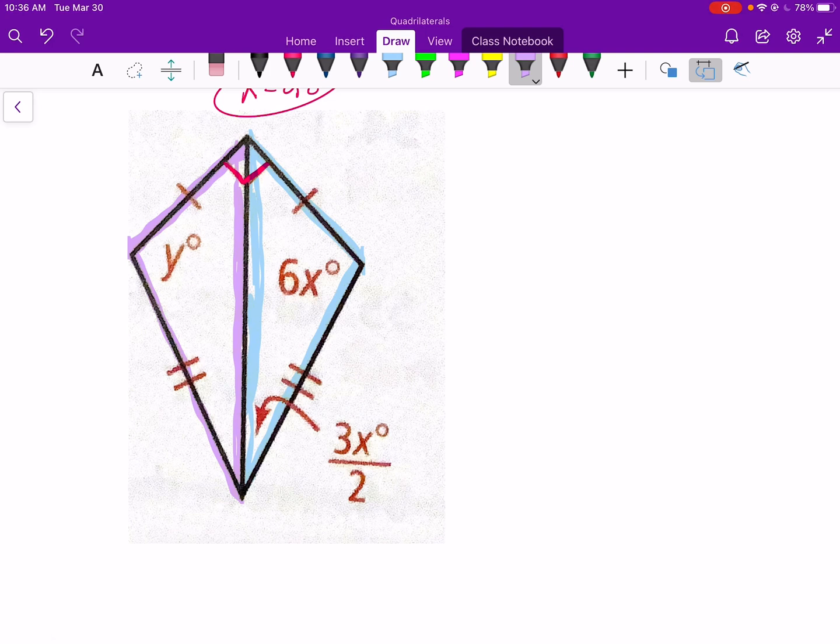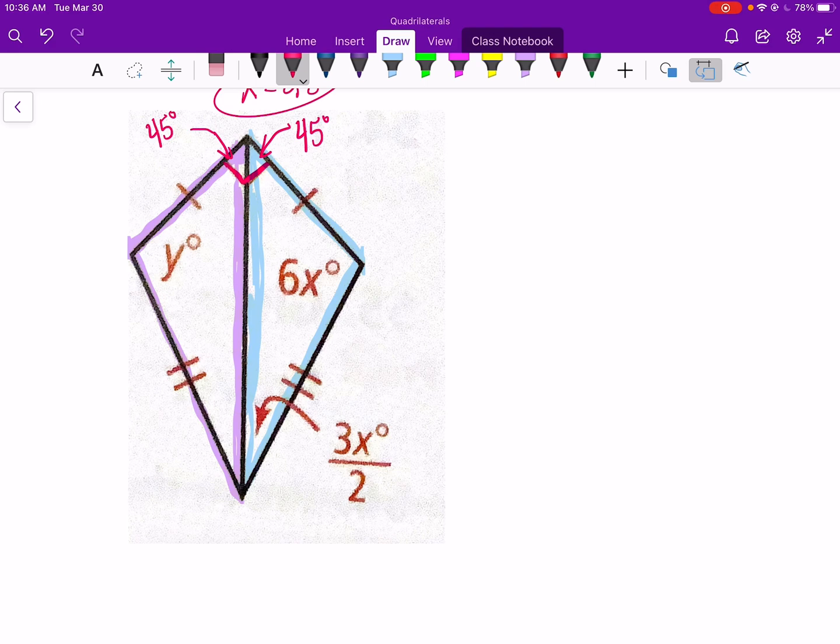So since the two angles at the top are congruent, and they add to 90, both of these smaller angles have to be 45 degrees, because it's half of 90.